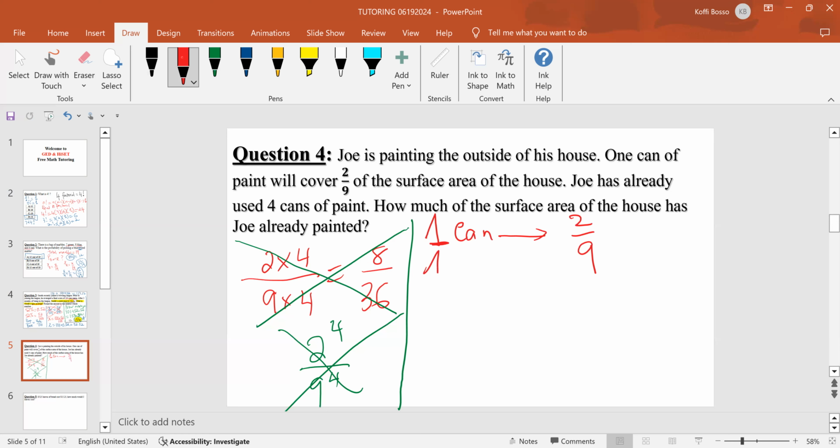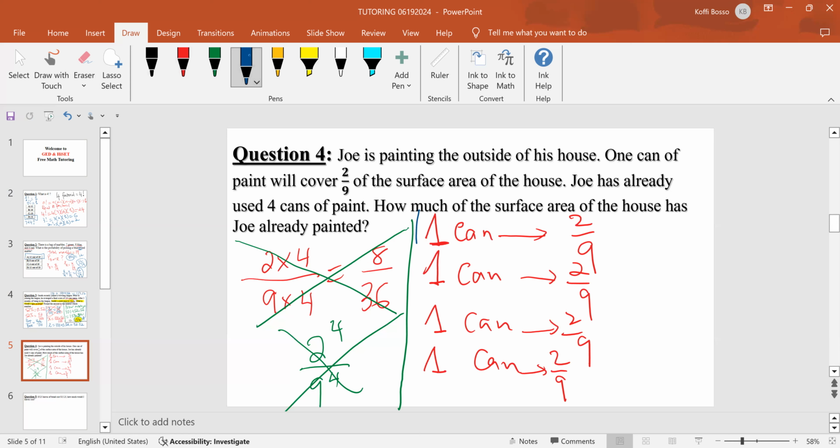If Joe takes another can, 2/9 again. If Joe takes another can, 2/9. If Joe takes another can, 2/9. So tell me, in total here, Joe used 4 cans.